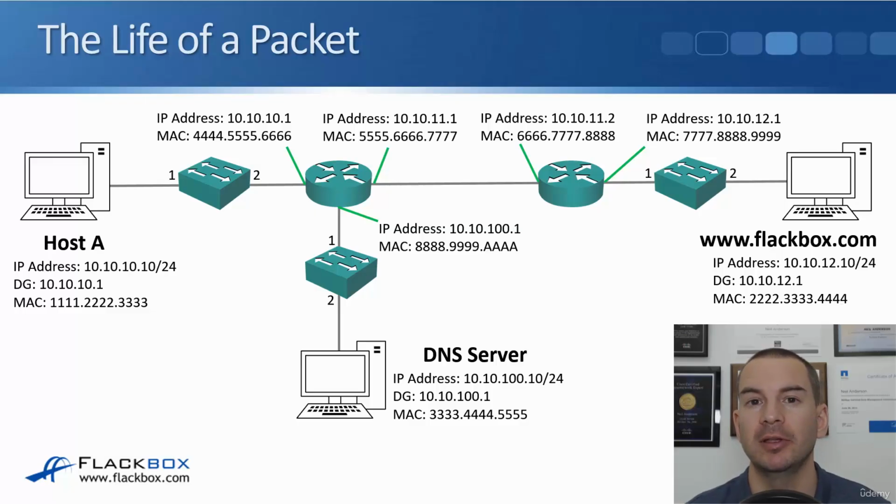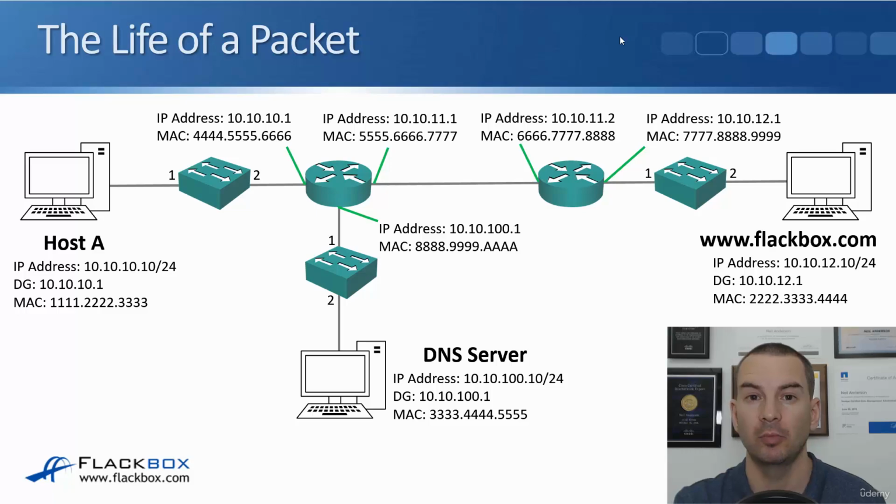So I'm going to split this into two videos. The first part will cover resolving the FQDN to the IP address by DNS, and then the second video will cover the HTTP traffic.